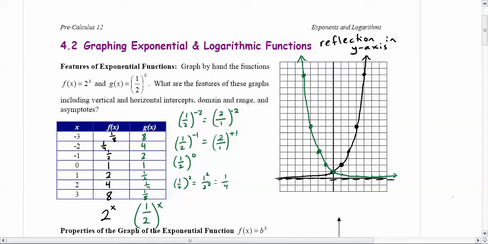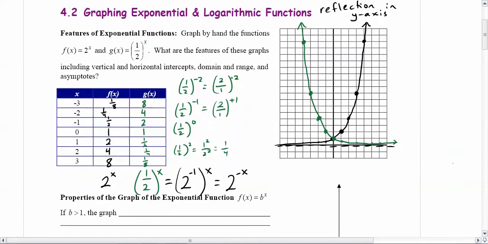And the reason why is because you can write 1/2 as a power of 2. 1/2 is the same as 2 to the power of negative 1. And we did that as a warm-up. So this is the same as 2 to the power of negative x. So you just change the x from positive x to negative x. So it reflects it in the y-axis.